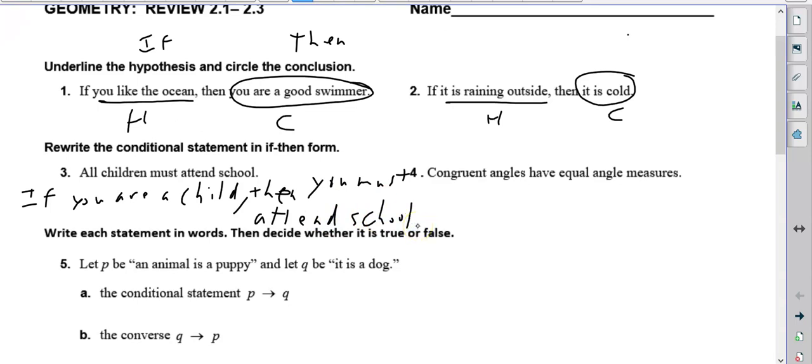So it doesn't ask you to do this, but we're going to do it for practice anyway. Here's my hypothesis following if, and here is my conclusion following then.